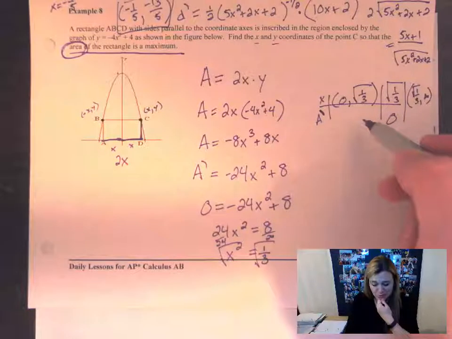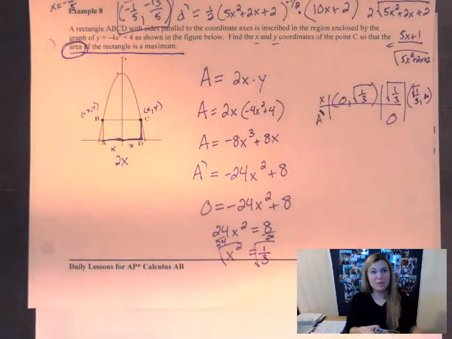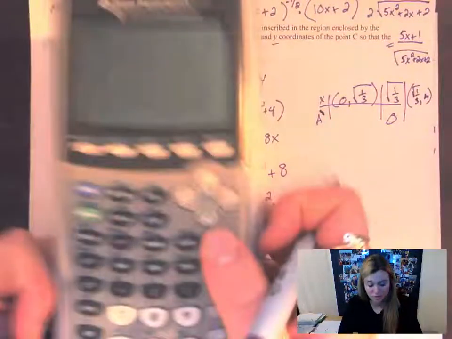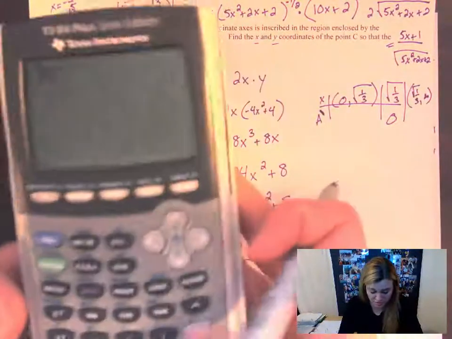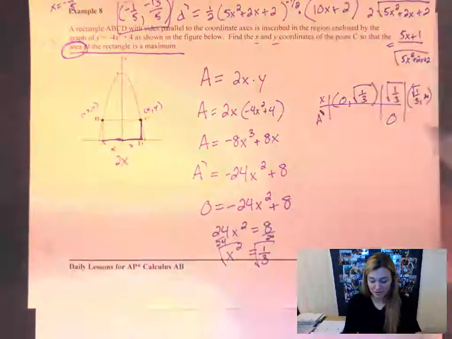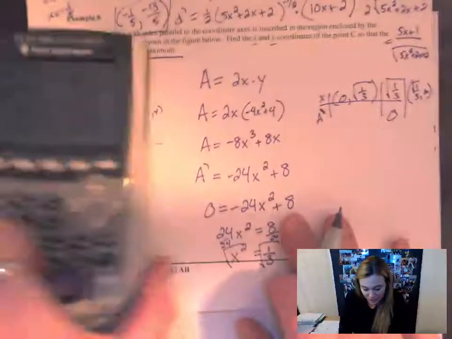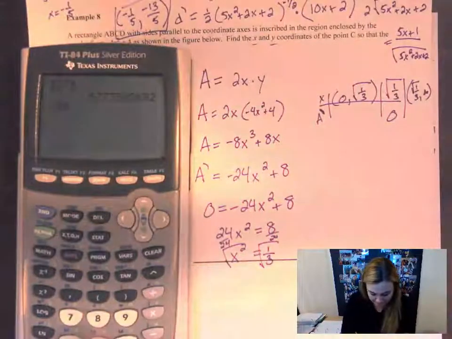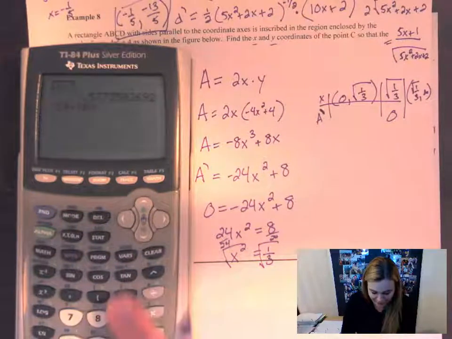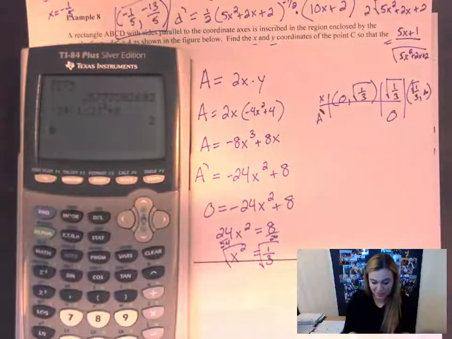What is the square root of 1/3? It would be 1 divided by, I don't know, I'm pretty tired, 0.577. So we can put in 1/2 here. If we put in 1/2 and go back up to this, negative 24 times 1/2 squared plus 8 is going to be positive 2.